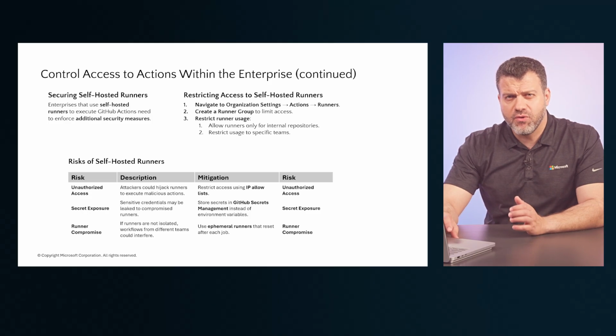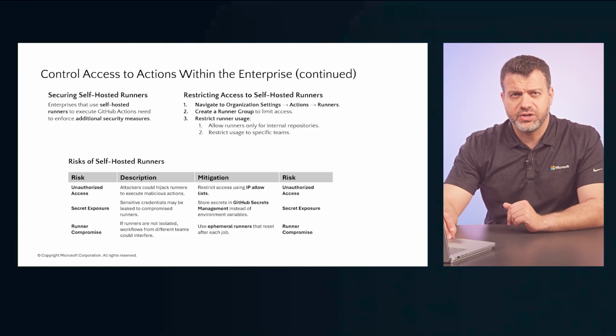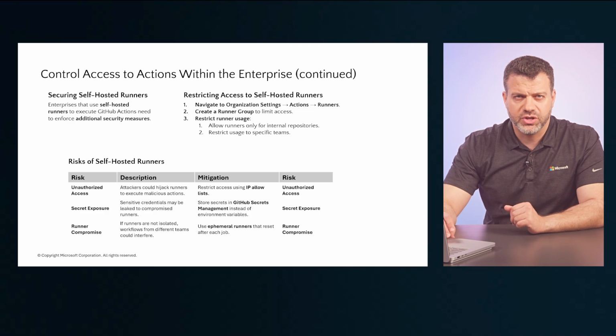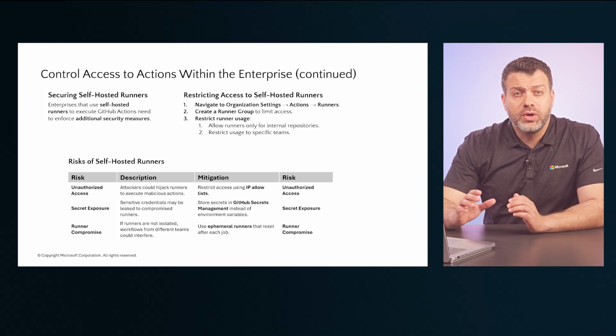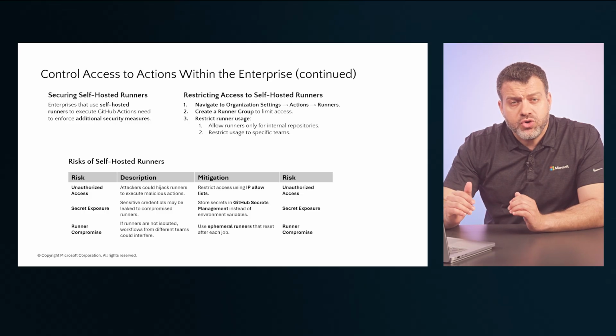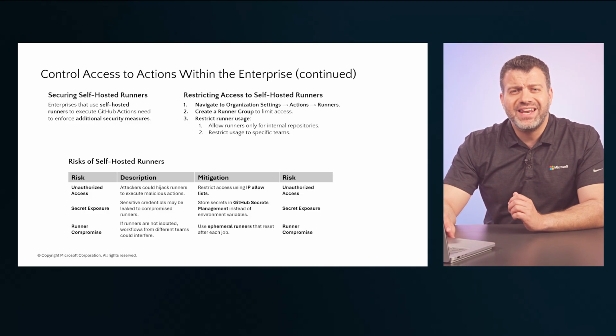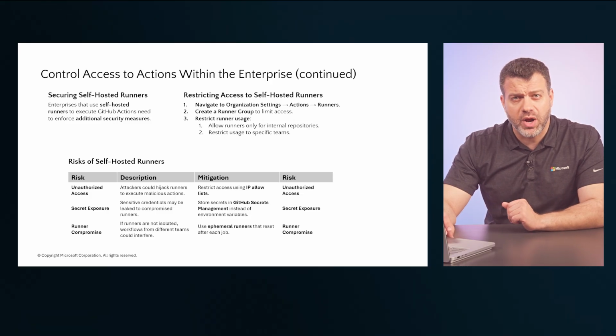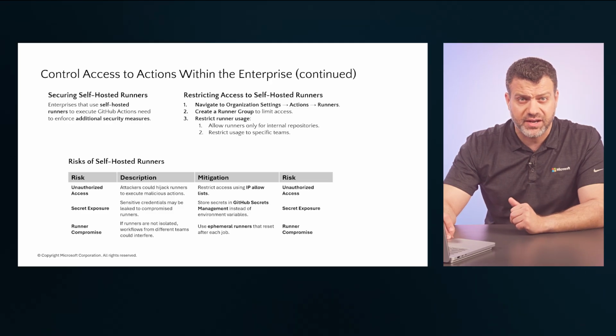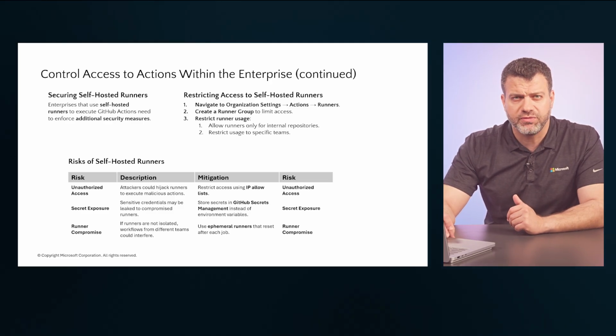This is where things can go very wrong if not considered correctly. Self-hosted runners. You can choose to run on your own infrastructure, have access to internal systems, and execute automation code. This means if compromised, they can access sensitive data, execute malicious workflows, and potentially impact your entire network. It's risky.